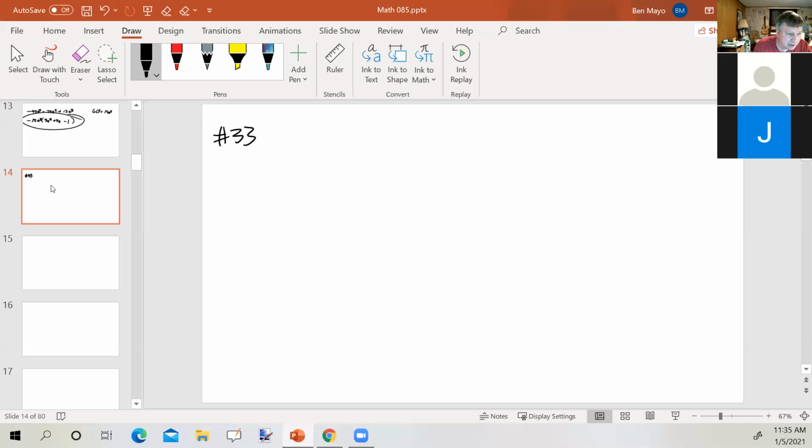The directions here just say factor 6a squared b plus 18a squared minus 12ab minus 36a. Okay, now we have 4 terms.